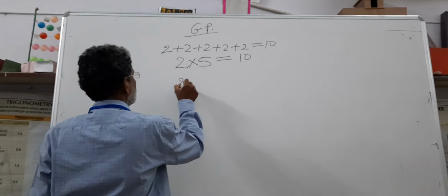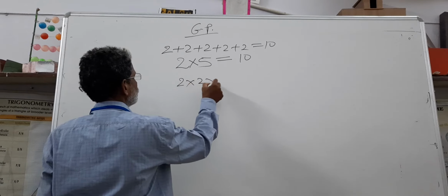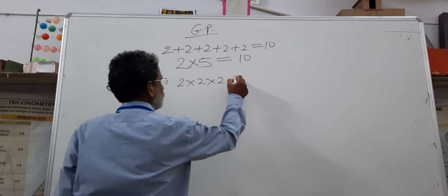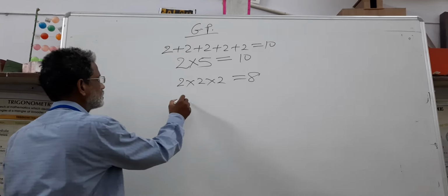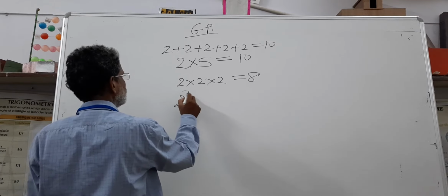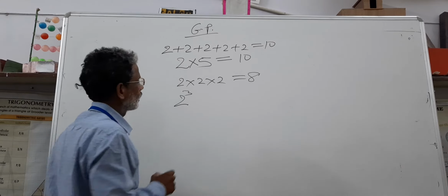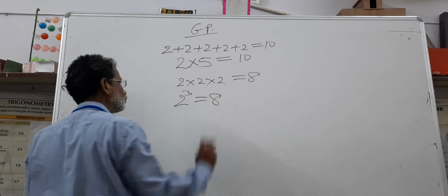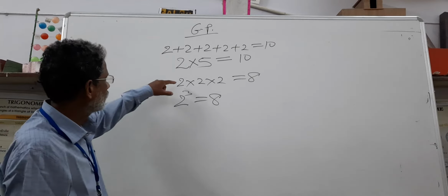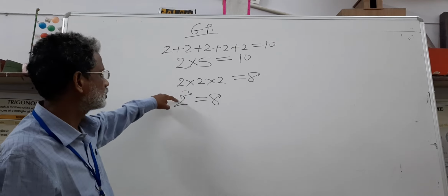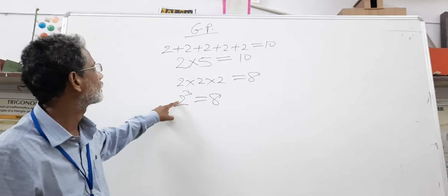That is, the short form of addition is multiplication. And if you multiply 2 into 2 into 2, you will get 8. 2 is multiplied 3 times. This is 8, 2 power 3. The short form of multiplication is exponentiation, power.